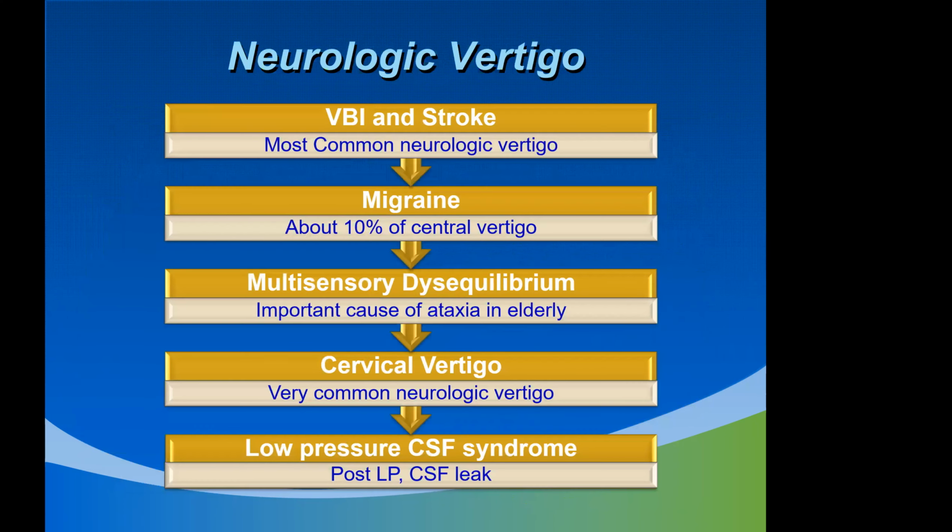When you come to the neurological causes: VBI and stroke, the most common neurological vertigo, migraine, multisensory disequilibrium, cervical vertigo, low pressure CSF syndromes. Out of these, cervical vertigo is often thought of, and people are evaluated for cervical spondylosis, thinking that that is the cause. If you take an X-ray of the cervical spine above 45 years, mostly there will be some changes. That may not be the cause of the vertigo. The cause may be something different.